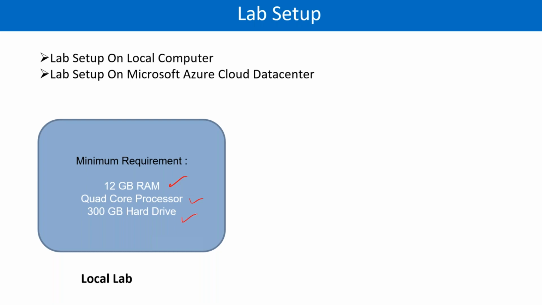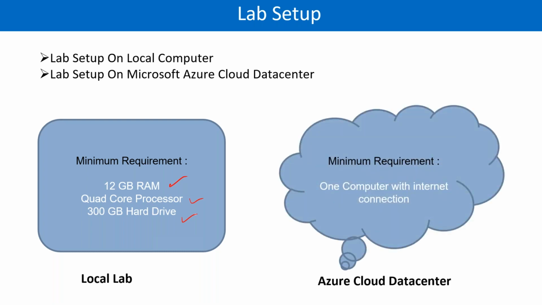And if you do not have the minimum configuration for the SCCM lab, then you can do it on Azure Cloud Data Center. For Azure, you just need one computer with internet connection, irrespective of the configuration. We are not bothered about it. One computer with internet connection, and we will be setting up our lab in the cloud.